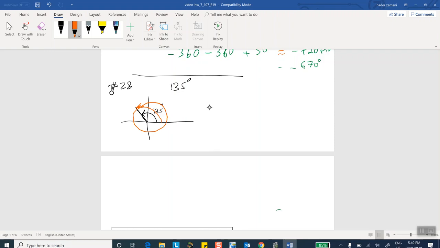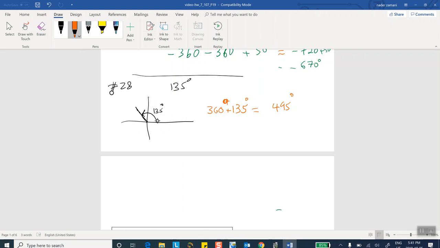So it's going to be 360 degrees plus 135, and that is going to be 495 degrees.